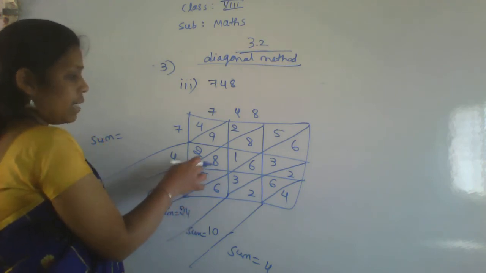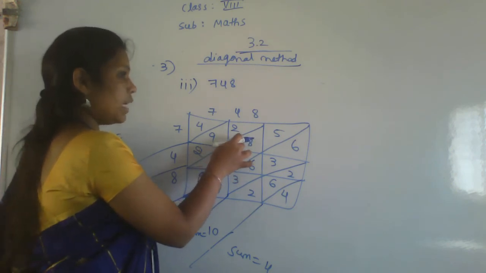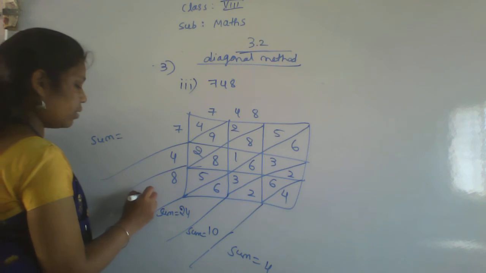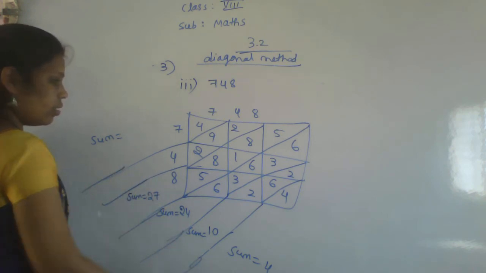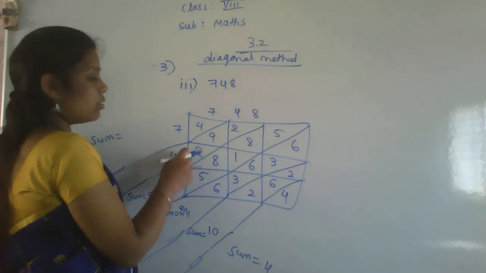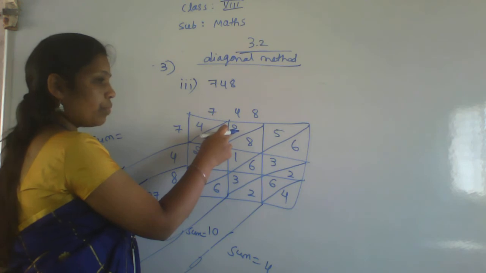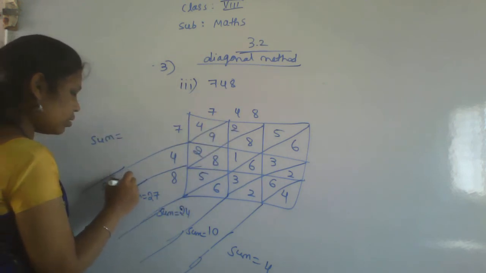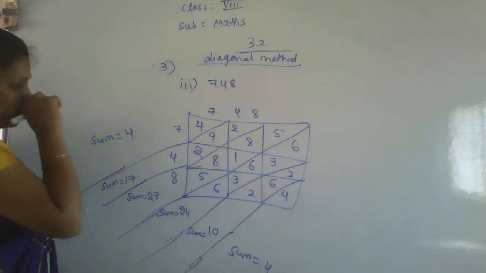And here 5 plus 8 is 13, 13 plus 1 is 14, 14 plus 8 is 22, 22 plus 5 is 27. Okay. 4 plus 2 is 6, 6 plus 9 is 15, 15 plus 2 is 17. So here sum is equal to 17, and here only 4 is left. So write 4 here.